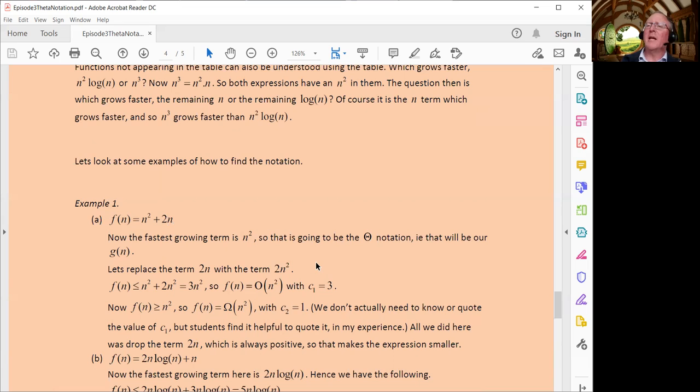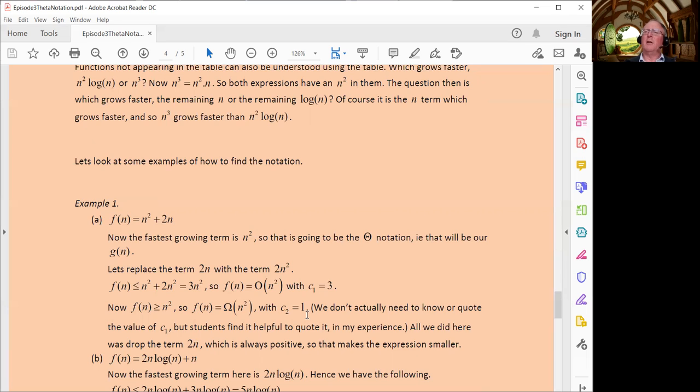Now, if you look back at our definition of big O and big omega, we didn't mention C1 and C2. We mentioned them, but we don't need to keep track of them. We don't actually need to know or quote the value of C1 or C2, but students find it very helpful to quote it. And I taught this subject for quite a long time, discrete maths it was called at the University of South Australia, or maths for computing.